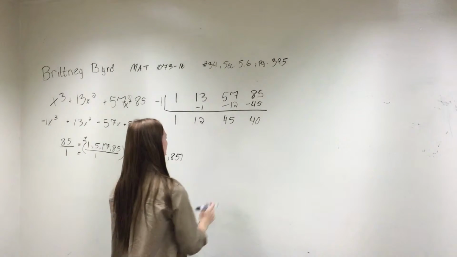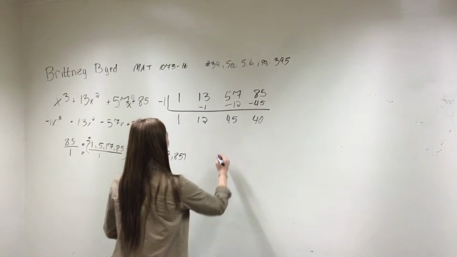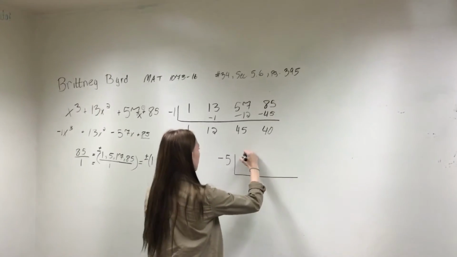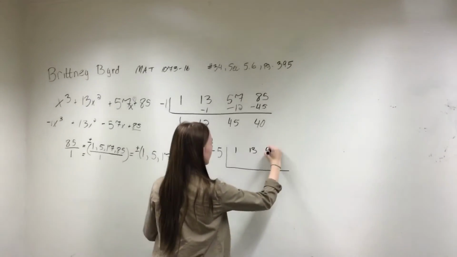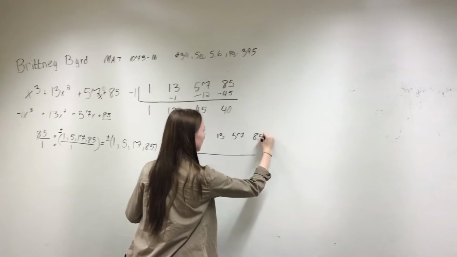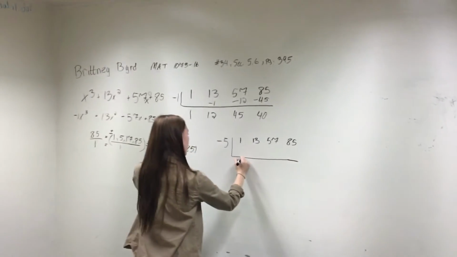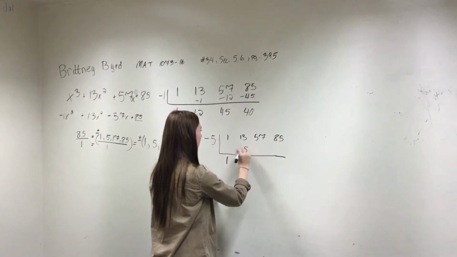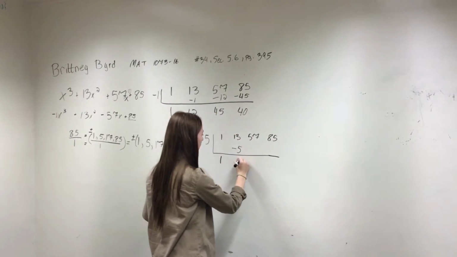So now I'll try negative 5. So negative 5, 1, 13, 57, and 85. Bring this down. Negative 5 times 1 is negative 5. 13 plus negative 5 is 8.